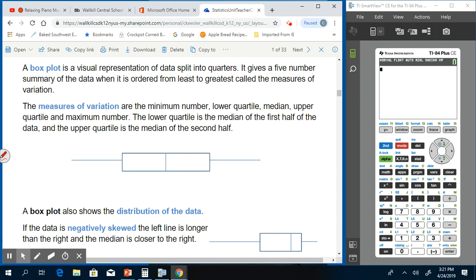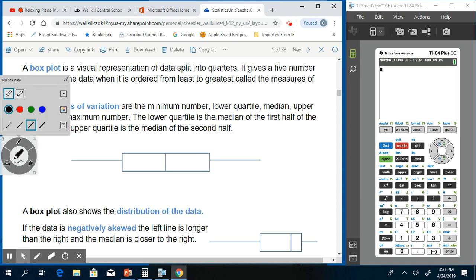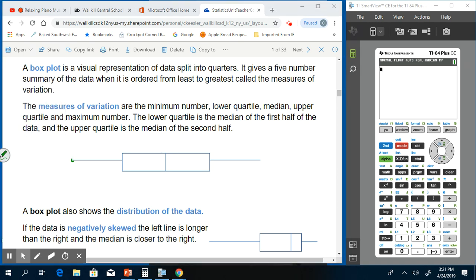So if you're looking at a box plot, which we see here, when you draw it, this number here is your lowest number or minimum. This here is what we call the lower quartile, which is usually represented by Q1.